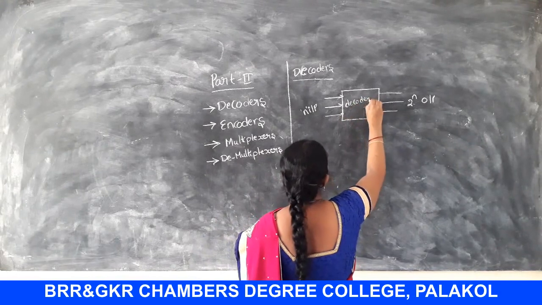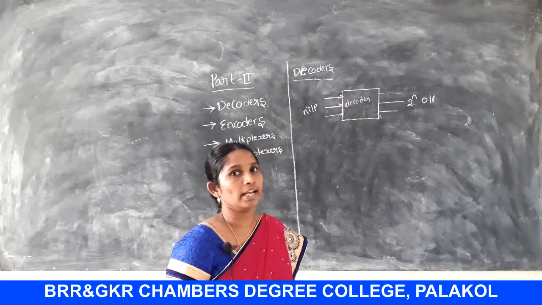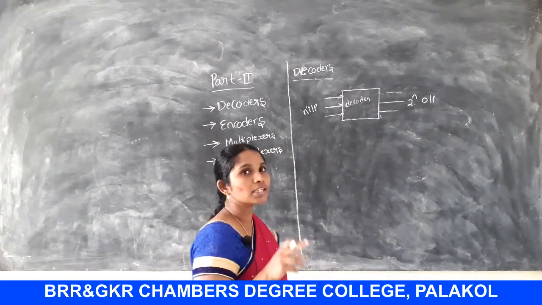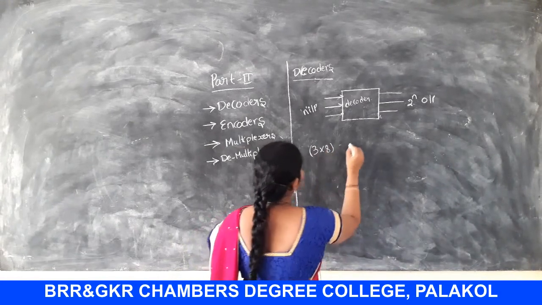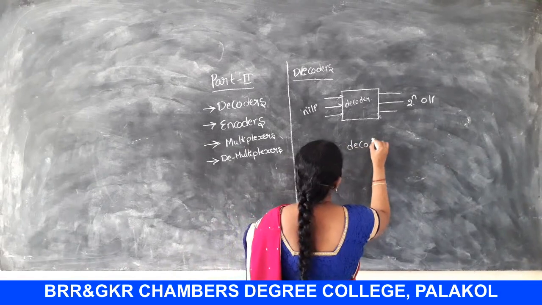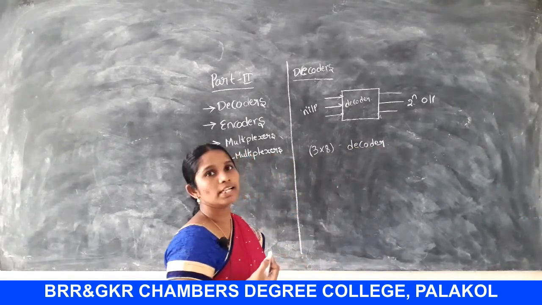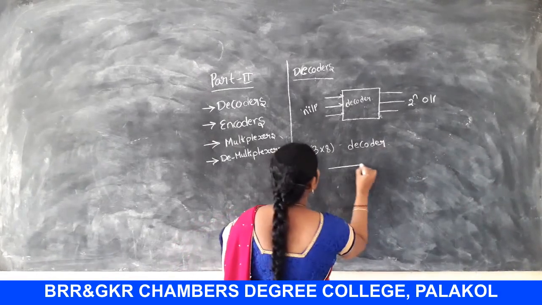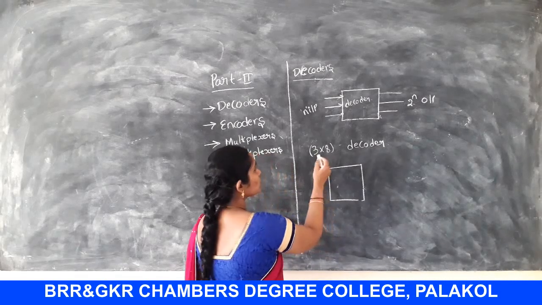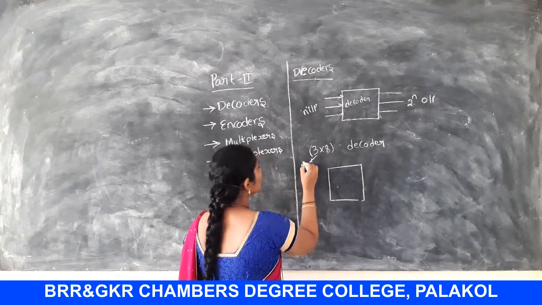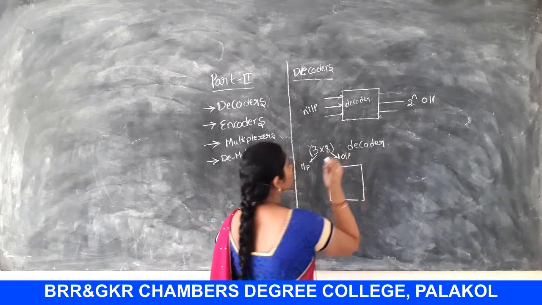In digital electronics there are many decoders, but in your syllabus they asked only the 3 to 8 line decoder. The meaning of 3 to 8 line decoder is that the first number indicates the number of inputs and the second indicates the number of outputs.